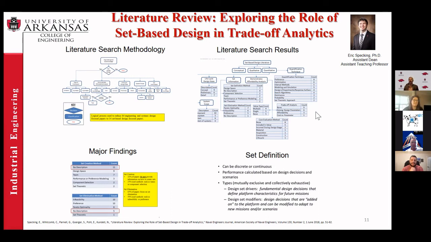Others would just talk about the benefits of set-based design, like some of the early work on what Toyota did. It talked about the benefits, but it really never talked about how you did it. Does that answer your question, David? I think so. The earlier ones were more qualitative in nature. Okay, yes, I think so.